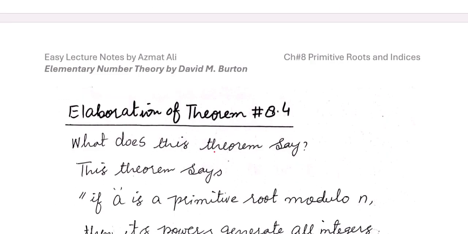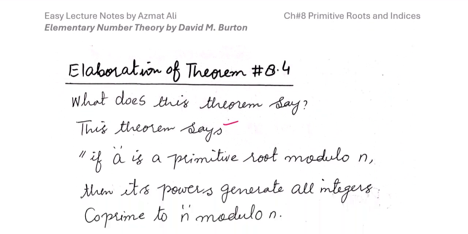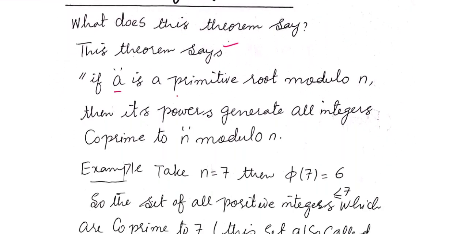What does this theorem say actually? If a is a primitive root modulo n, then its powers generate all integers coprime to n. Actually, this is the statement of this theorem.